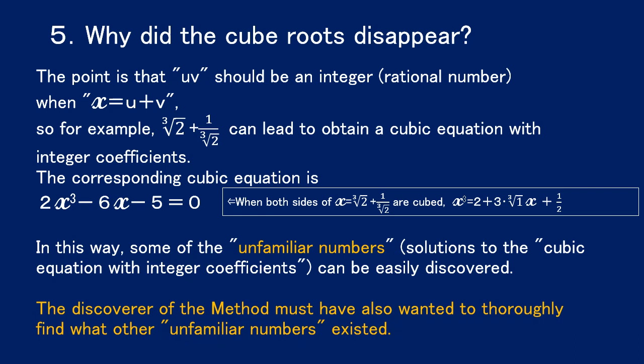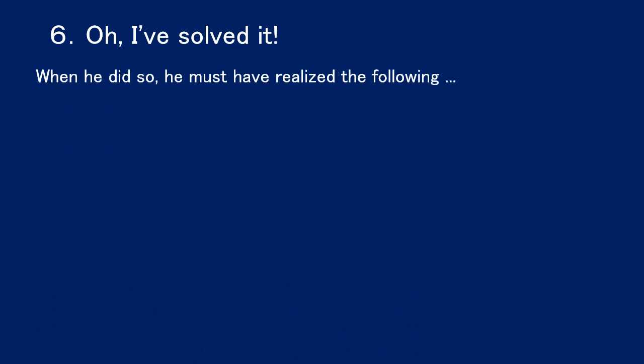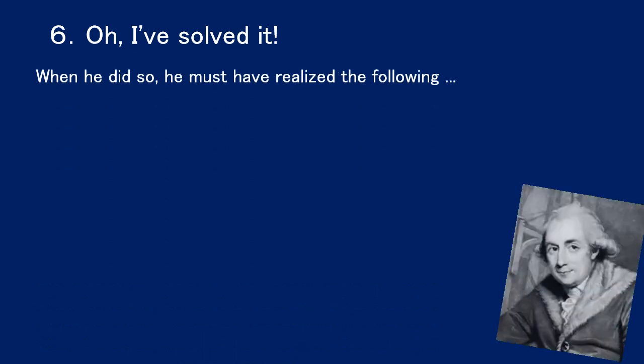The discoverer of the method must have also wanted to thoroughly find what other unfamiliar numbers existed. When he did so, he must have realized the following.